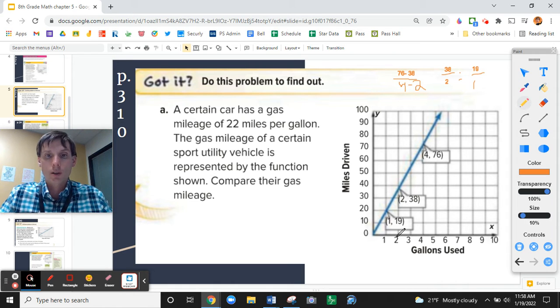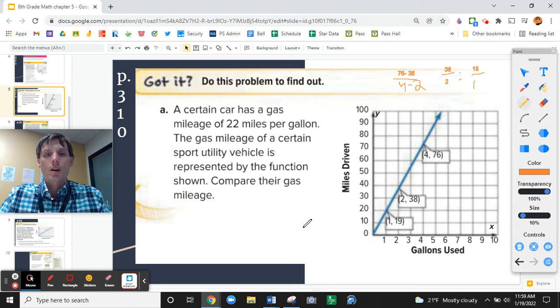In other words, this one is using 19 gallons per mile driven, right? Or 1 gallon per 19 miles driven. That makes more sense. 1 gallon per 19 miles driven.